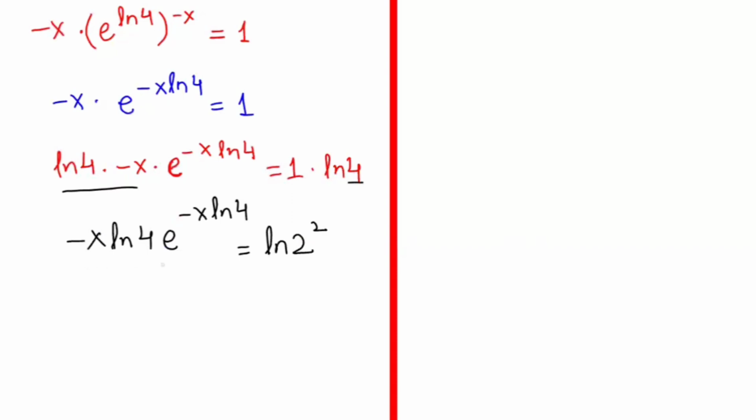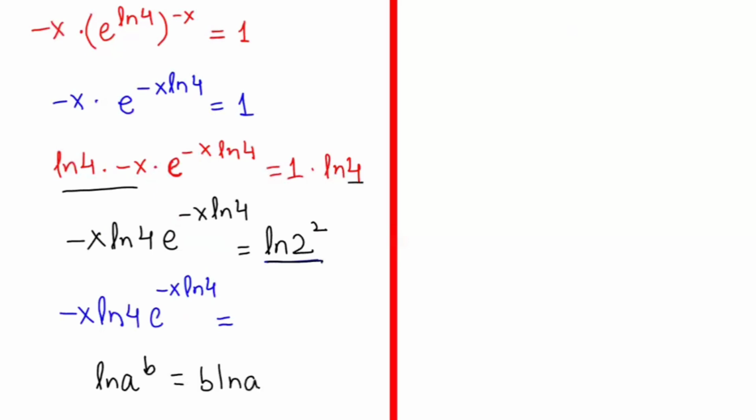Now till here we can apply the Lambert W function, but we need to change the right hand side into the same form for applying the Lambert W function. So -x ln of 4 e to the power of -x ln of 4 is equal to, now I will use the logarithm property, that is ln of a to the power of b is equal to b ln of a. So here this will turn to 2 ln of 2.